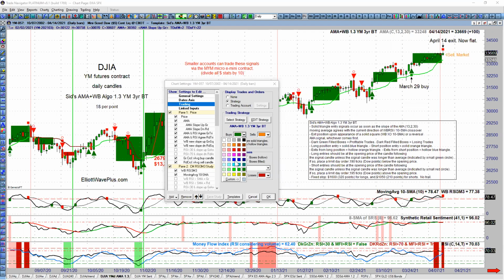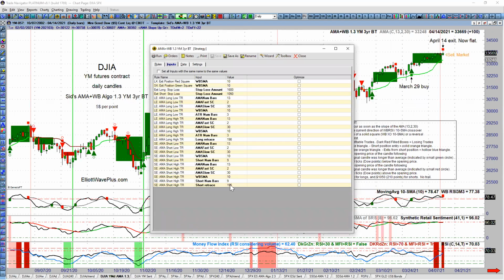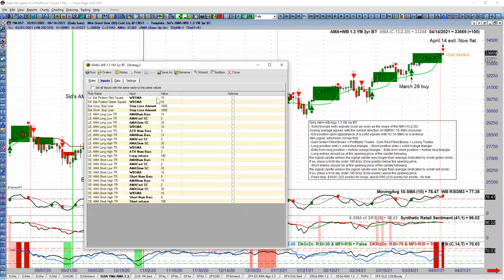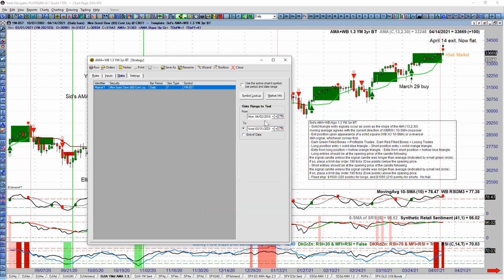So when we go back and look at some of these trades and see how it looks on a chart. These are all the different parameters of the different indicators that I'm using on the chart and that I backtest. And as you can see, there's quite a few of them. My backtest goes back exactly 3 years.